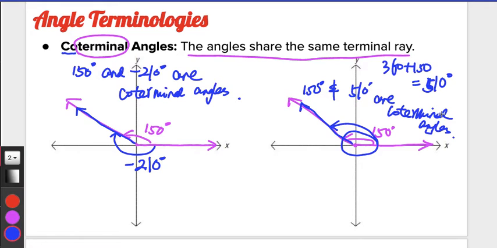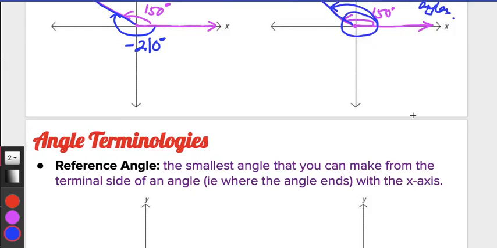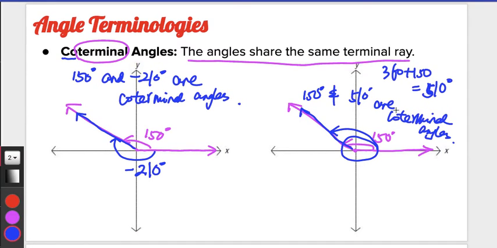As long as they have the same terminal ray, you can rotate in a positive direction, you can rotate in a negative direction, or you can even rotate beyond one circle to get a coterminal angle.